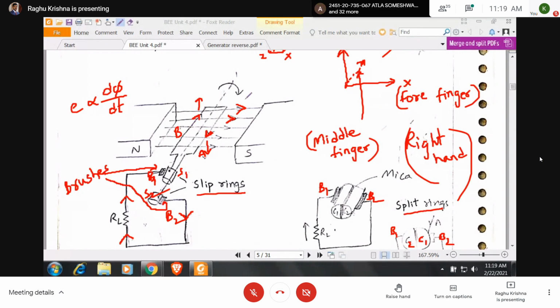If you apply Fleming's right-hand rule, you can see this is the direction. Take your right hand and stretch the thumb, forefinger, and middle finger perpendicular to each other.